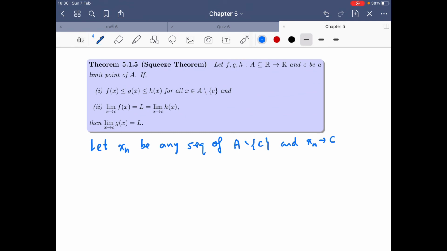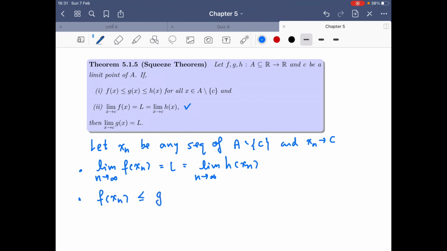By this condition, the limit as n goes to infinity of f of xn is L, and the limit as n goes to infinity of h of xn is also L, and f of xn is less than or equal to g of xn, which is less than or equal to h of xn, because xn is an element of A minus the point c.